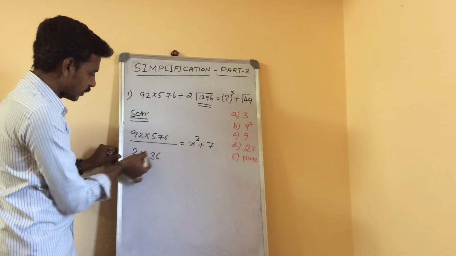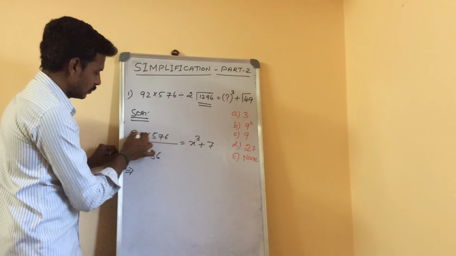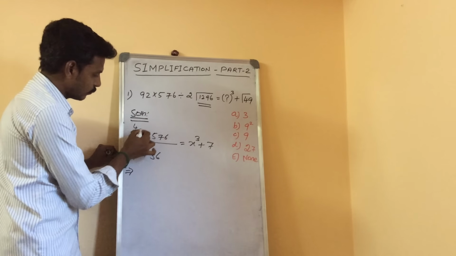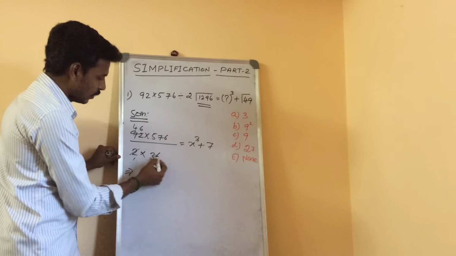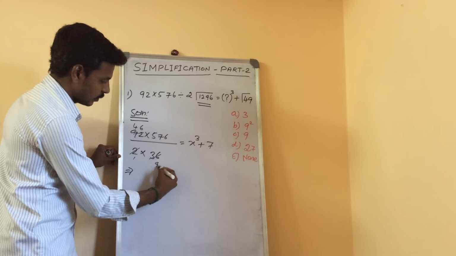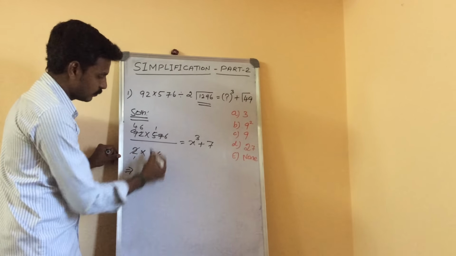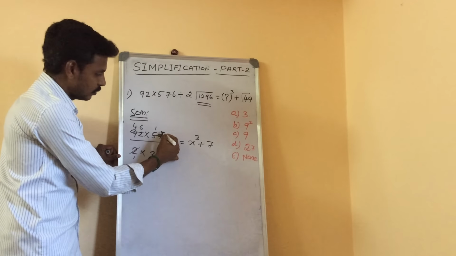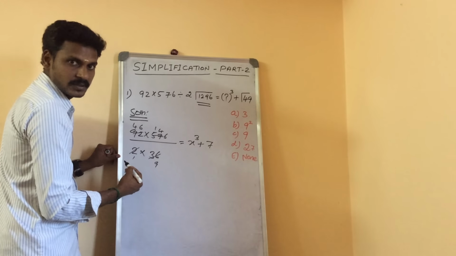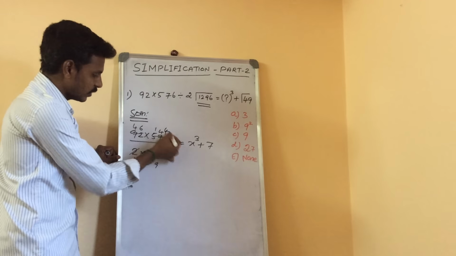Let's move to the second step. We need to cancel the values. Take 1 2s are 2, 4 2s are 8, carry 1, 6 2s are 12. Then take this value, 9 4s are 36. 1 4s are 4, carry 1, 4 4s are 16, carry 1, again 4 4s, 144.